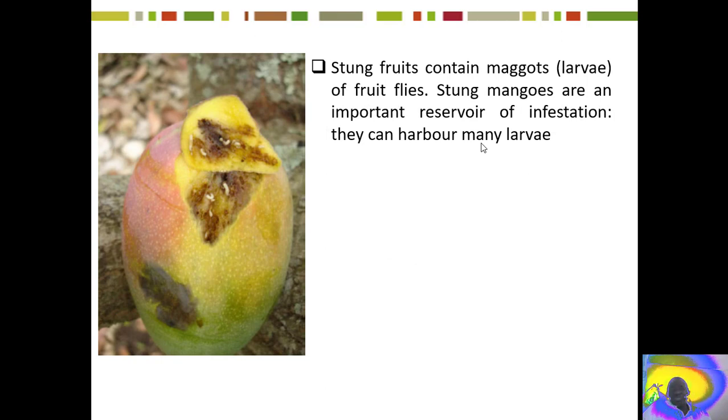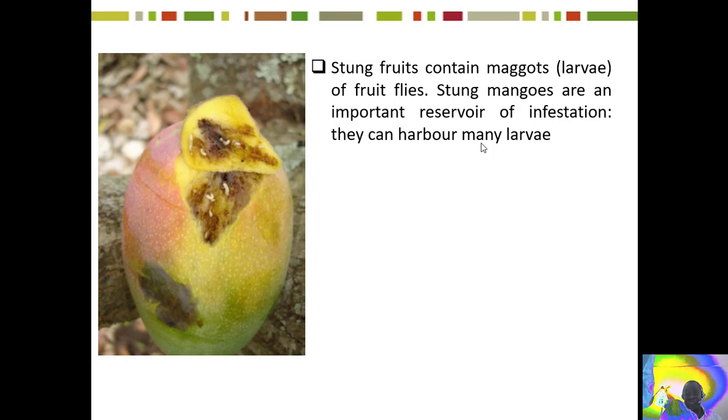And when we have one just punctured mango, it will have a lot of maggots. Each maggot will give a pupa, which will in turn give an adult. And that's why it is important not to allow any infested fruit to go through the chain.